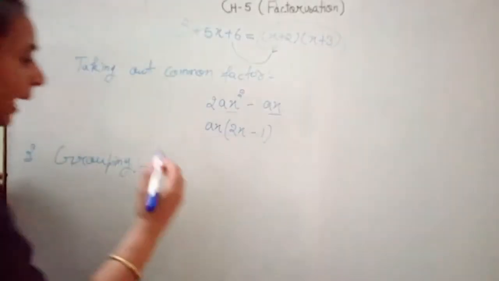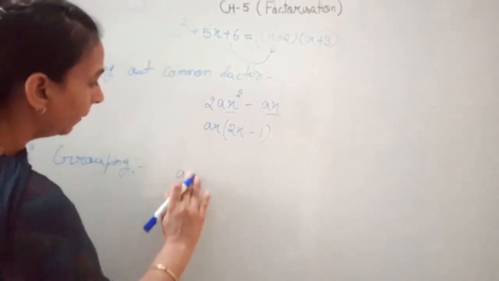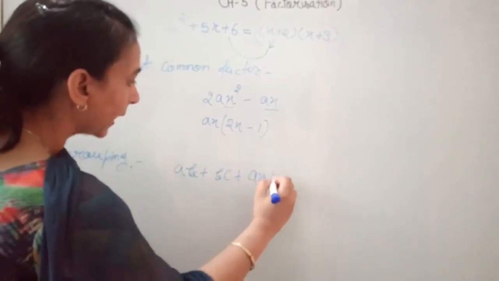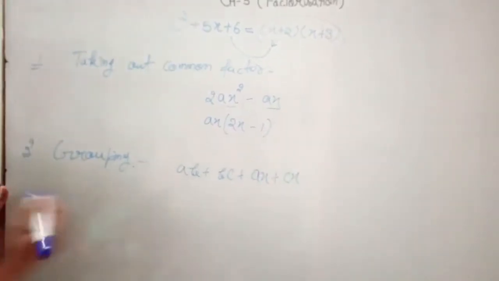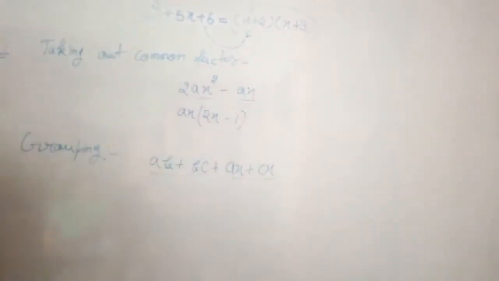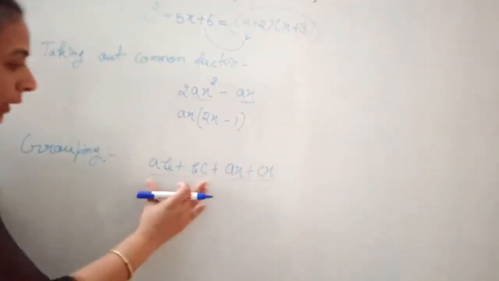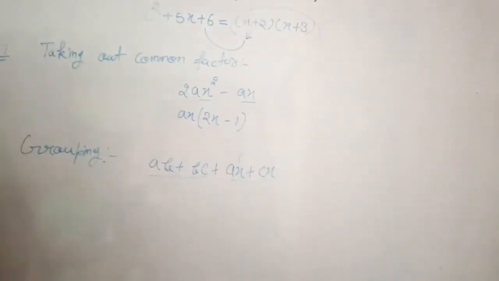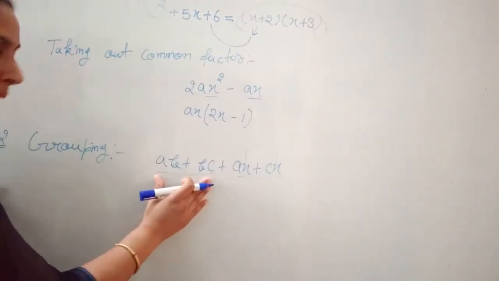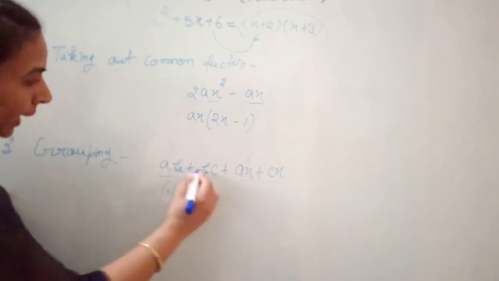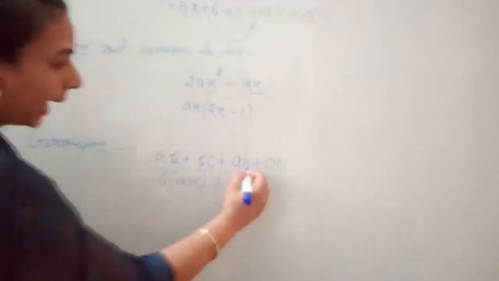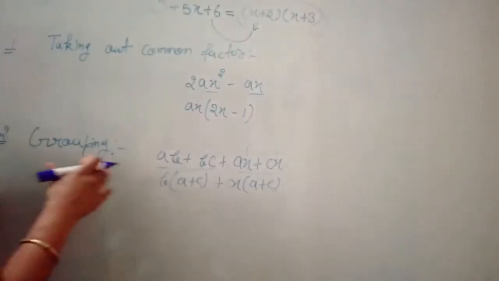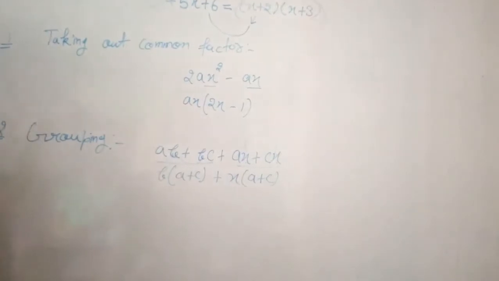For example, if we have ab plus bc plus ax plus cx, we divide it into two groups. In the first group b is common, and in the second group x is common. First we take b common from the first group, giving b into a plus c, and x common from the second, giving x into a plus c.